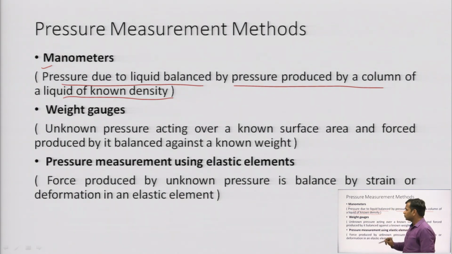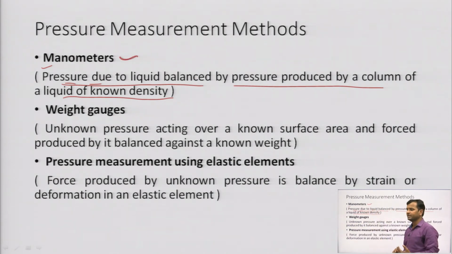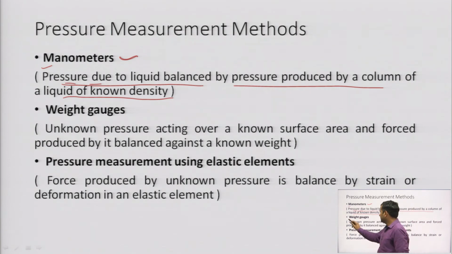So, when the pressure is exerted due to the liquid balance, that can be measured by the manometers. Now, there are different types of arrangement to balance that liquid, so there are different classifications of manometers that we will discuss in the next slides.